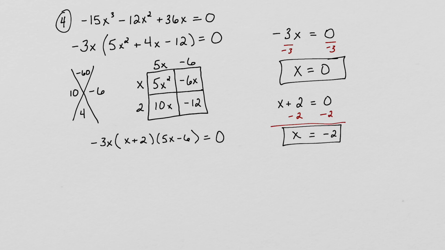And finally, 5x minus 6 equal to 0. I would add 6 to both sides. Get 5x equals 6. Divide by 5. And x equals 6/5.